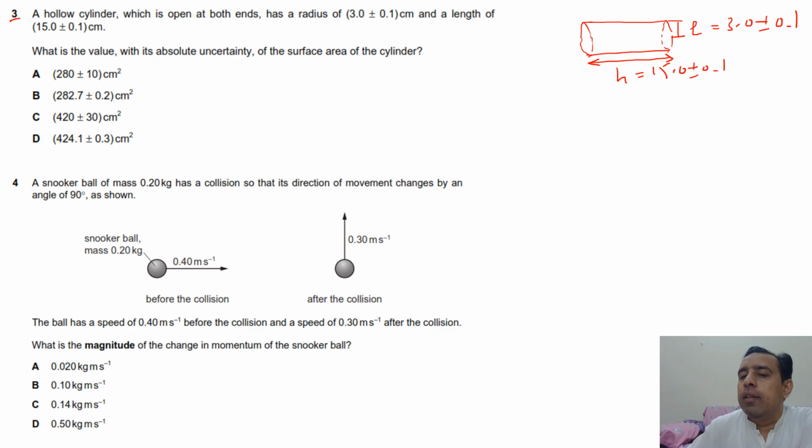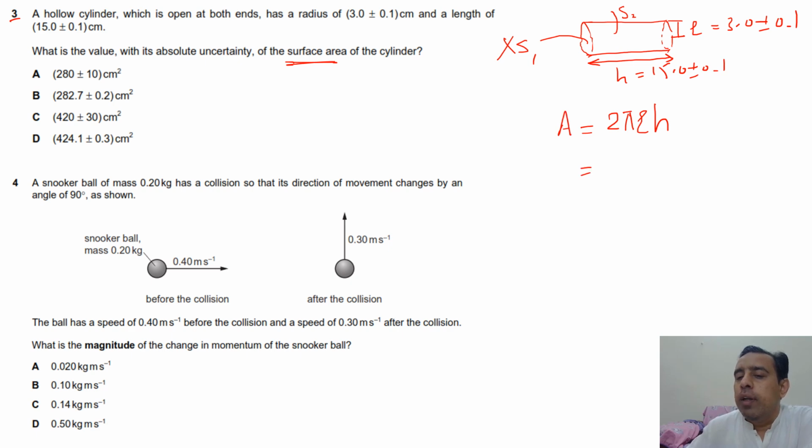This area is not included, so you have to write the formula for the surface area of the cylinder. We have two areas. This area is S1 and this area is S2. By adding these two you can get the total area, but this area is not included, and the surface area is 2 pi r h. 2 pi r into h is the area.